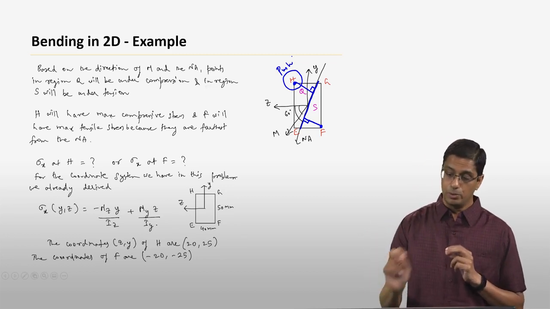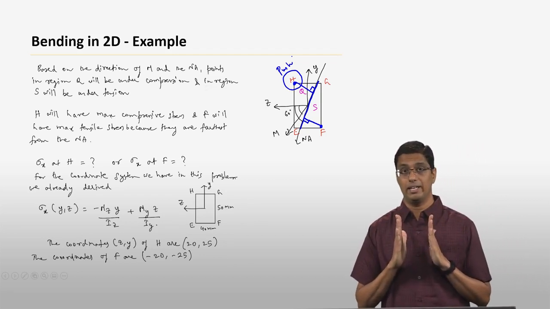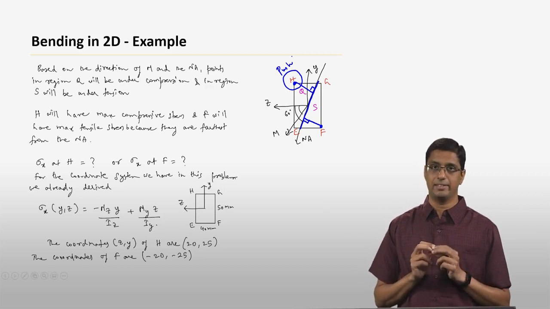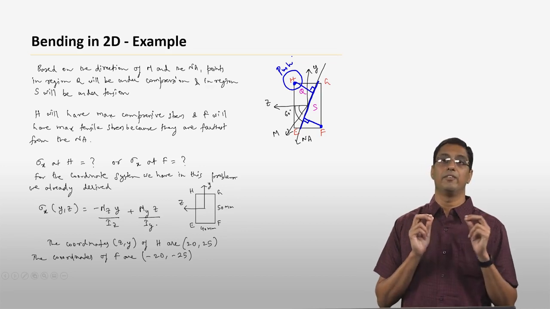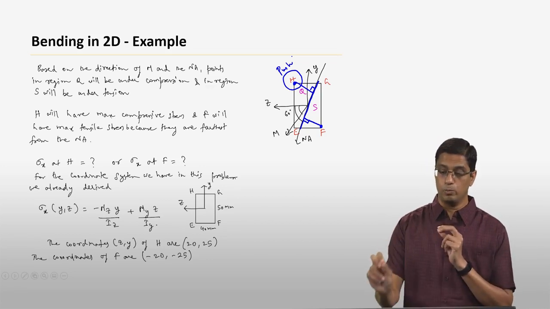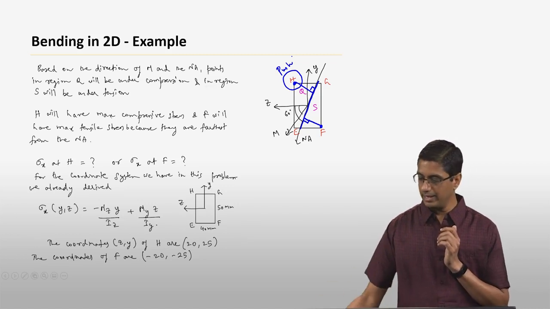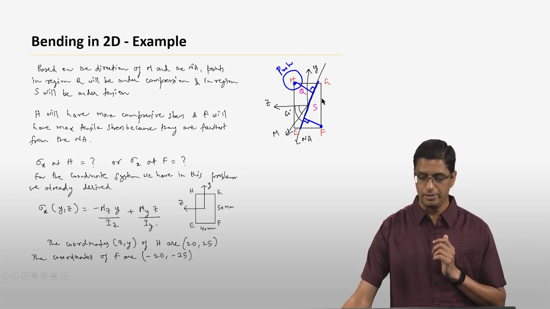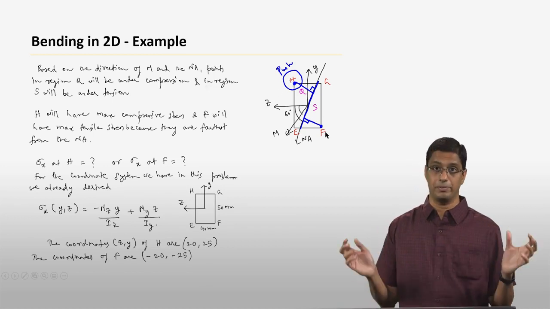One thing that you can always know for sure is that when you have a rectangular cross section, the maximum bending stress is always going to occur at one of the corners. Which corners will become obvious once you draw the neutral axis. Once you draw the neutral axis like this in this particular case, it's obvious that E is closer than H, and G is closer than F. So it has to be H and F that have the maximum stress.